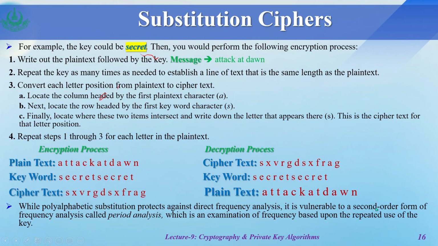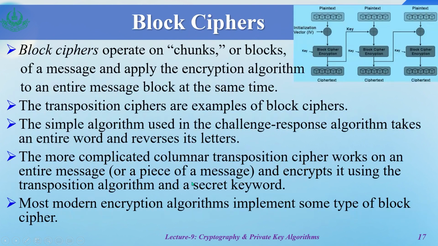While polyalphabetic substitution protects against direct frequency analysis, it is vulnerable to a second order form of frequency analysis called period analysis, an examination of frequency based upon the repeated use of the key.